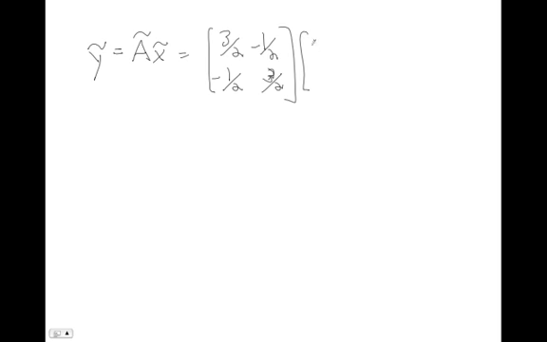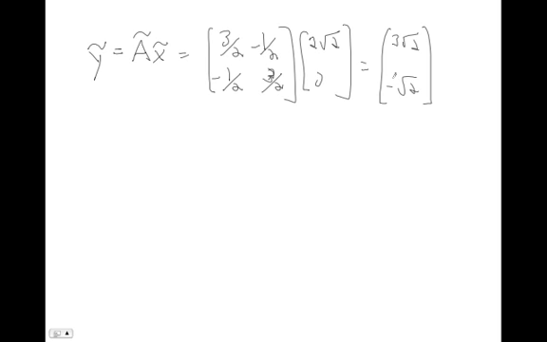And my x tilde that we computed was 4 over square root of 2, which let's simplify that. So that's 2 square roots of 2 by multiplying top and bottom by square root of 2, times 0. And then I work this thing out, and I get this vector 3 square root of 2 and minus square root of 2. So now I have y tilde.